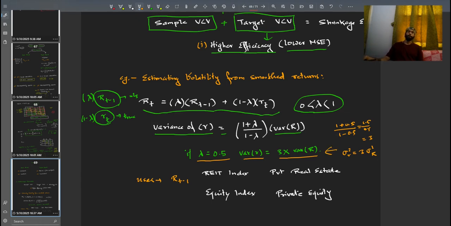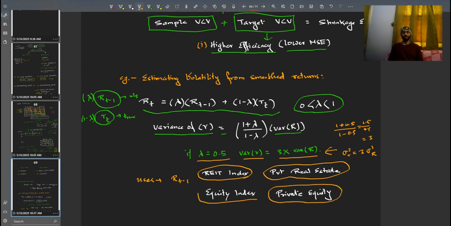Now, where is this applicable? This can be applicable during private real estate purchase, because there you are using something like the REIT index. This can also be applicable during private equity investment, because there the reference is the equity index.